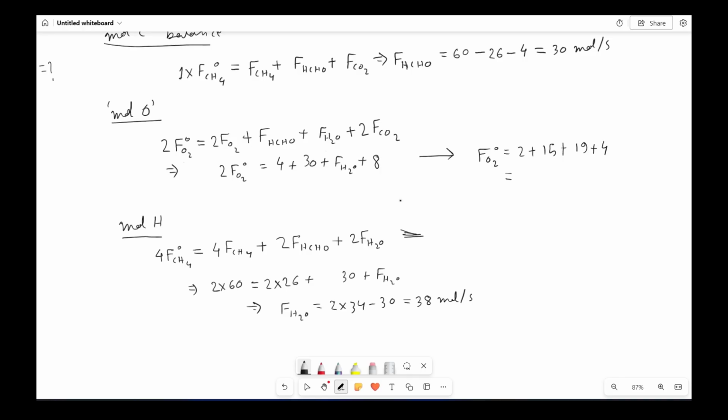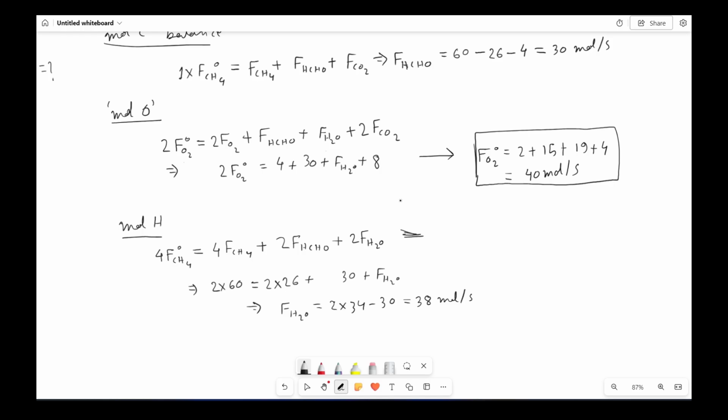So if we calculate, we get 40 moles per second. So from this method also, we are getting the same expression. Same expression we got.